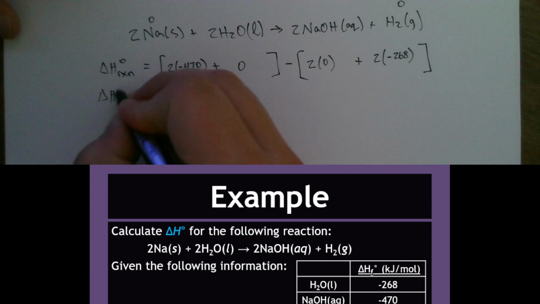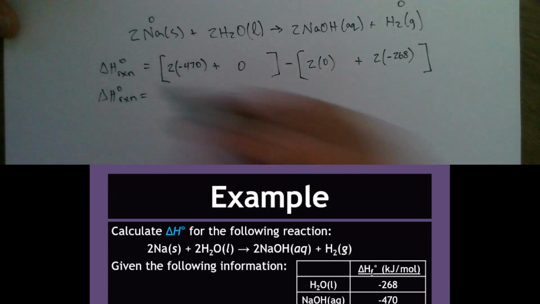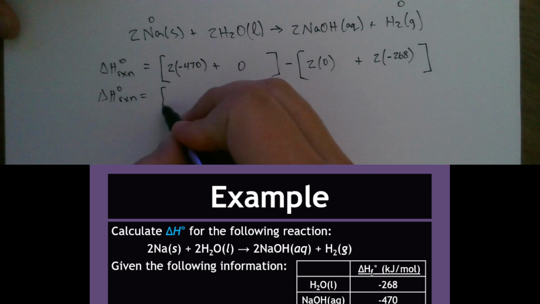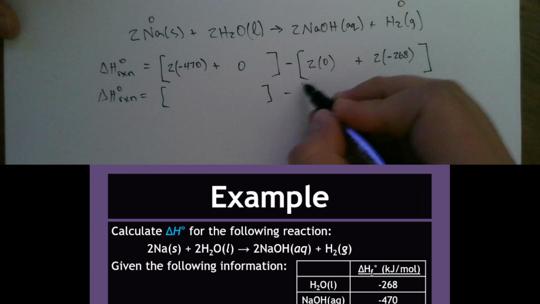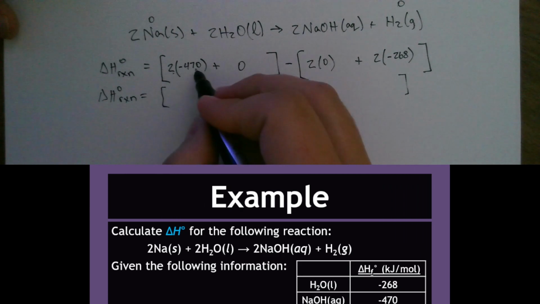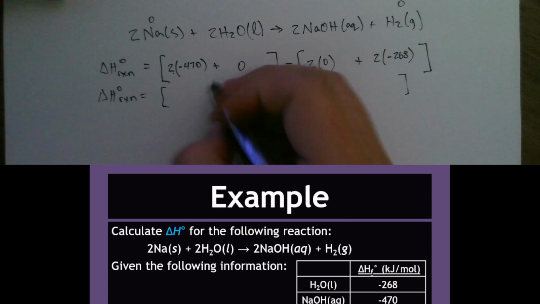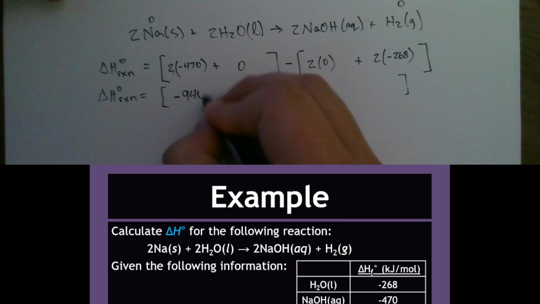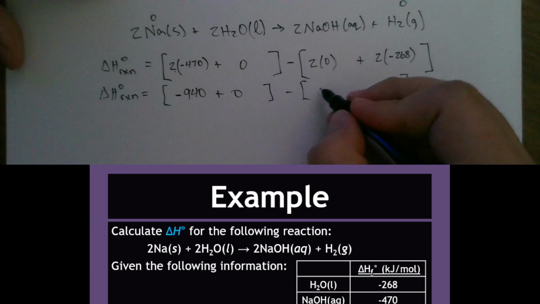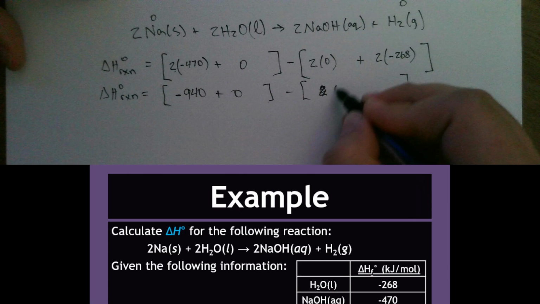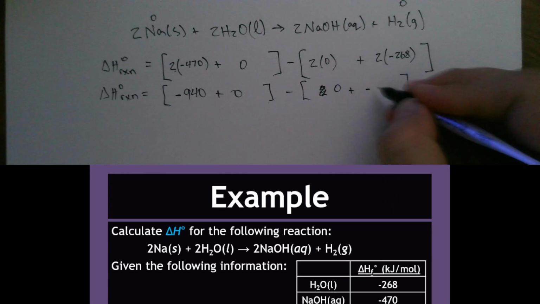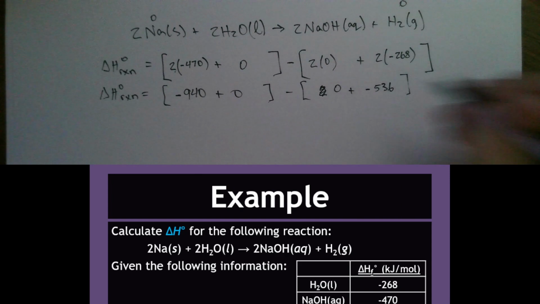But it can be tricky, and the most common thing to mess up is the signs. Just be very careful with your signage. So I'm going to leave this whole thing in brackets until I get the full number, and then I'm just going to subtract them. So this one, 2 times negative 470, it's negative 940 plus 0. For here on the right, I have 2 times 0, which is 0. Plus 2 times this is negative 536.